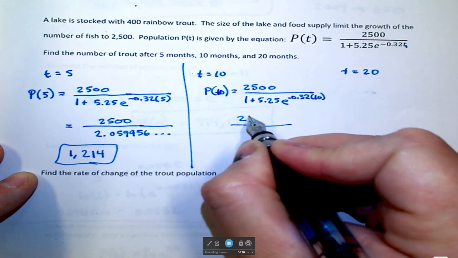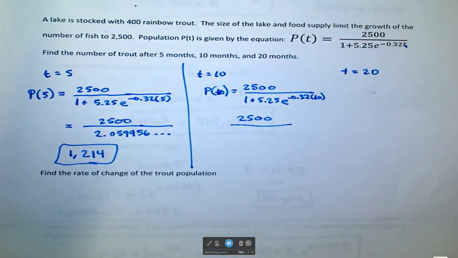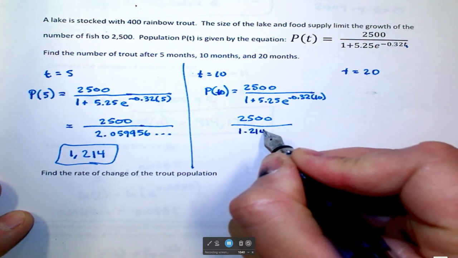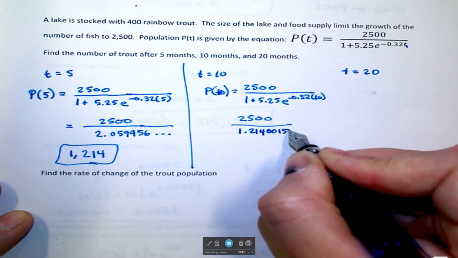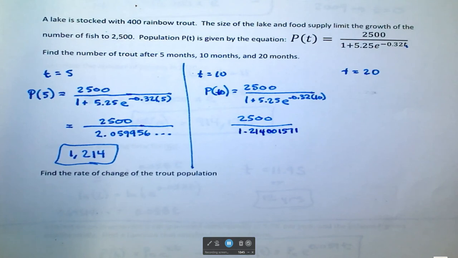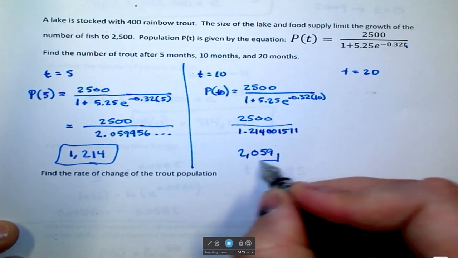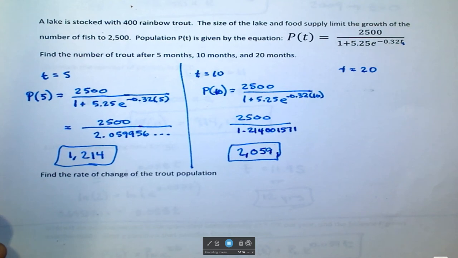So that'll be 2,500 divided by, let's find that number, 5.25 times e to the negative 0.32 times 10 plus 1, and I get 1.214001571. So 2,500 divided by that number gives me 2,059 trout.